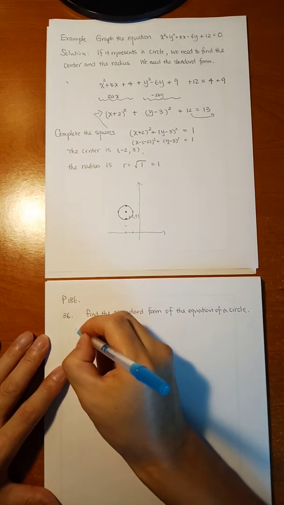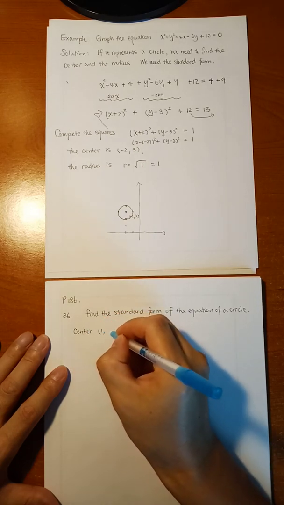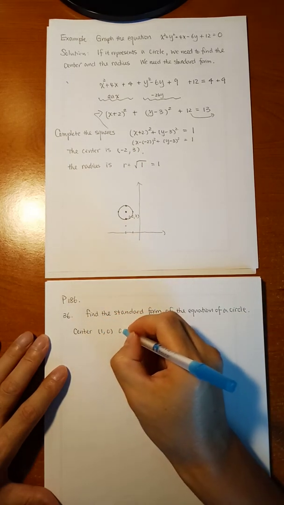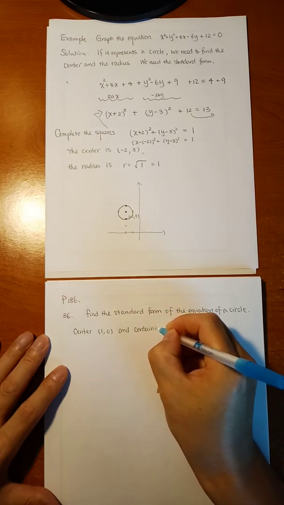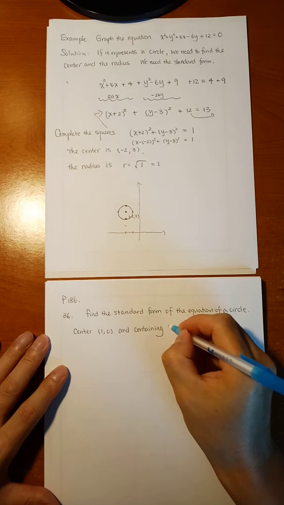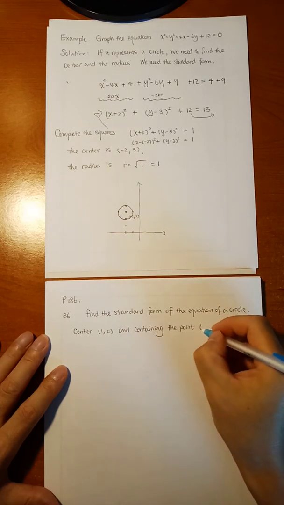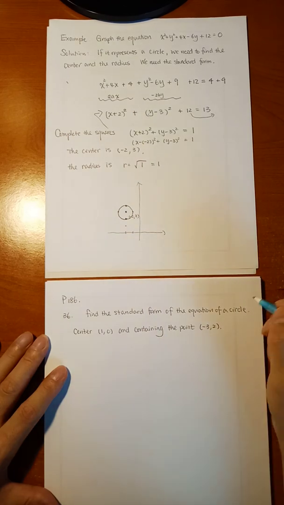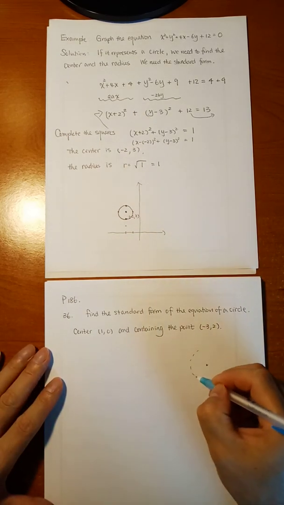Okay, so the center is (1, 0), and containing the point (-3, 2). Okay, so let's just randomly draw it.